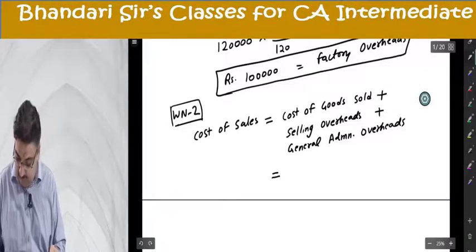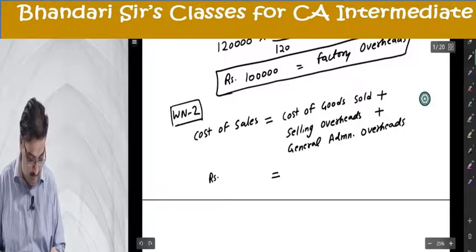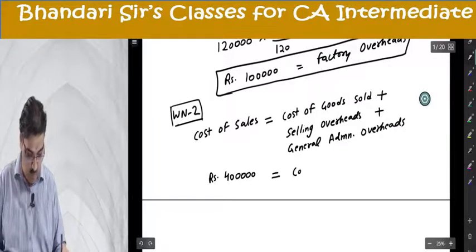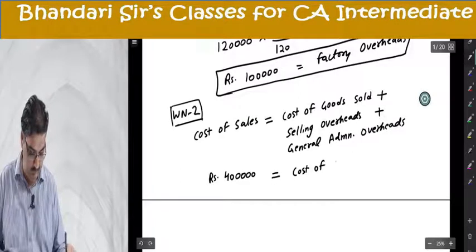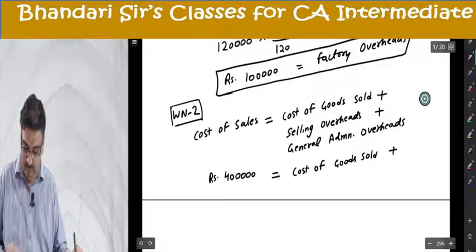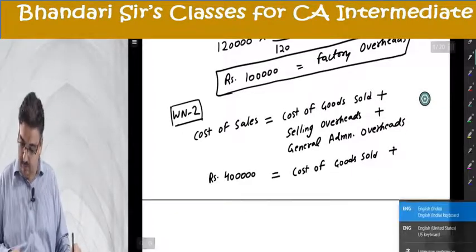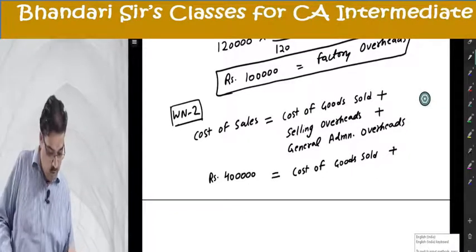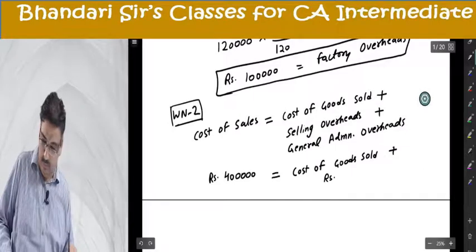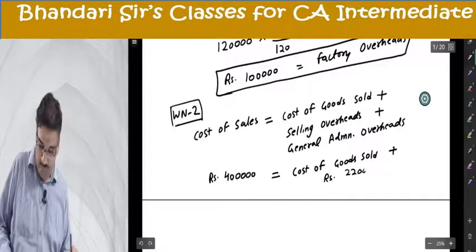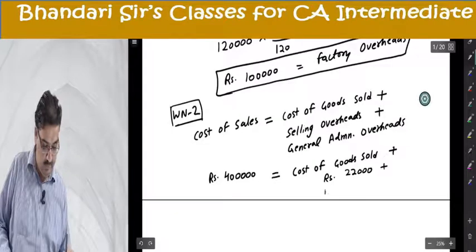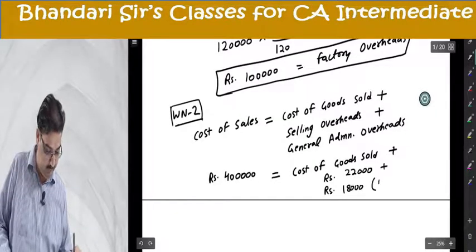So cost of sale which is given rupees 4 lakh is equal to cost of goods sold plus rupees 22,000 for selling expenses plus rupees 18,000.